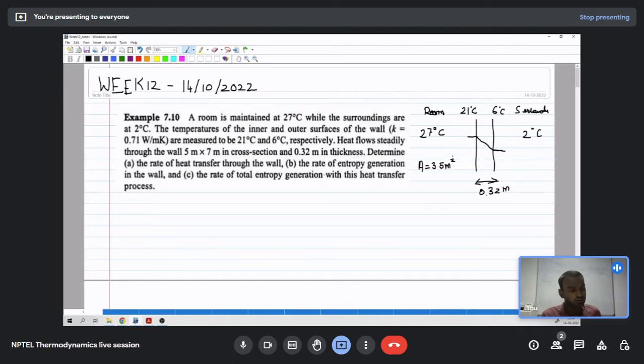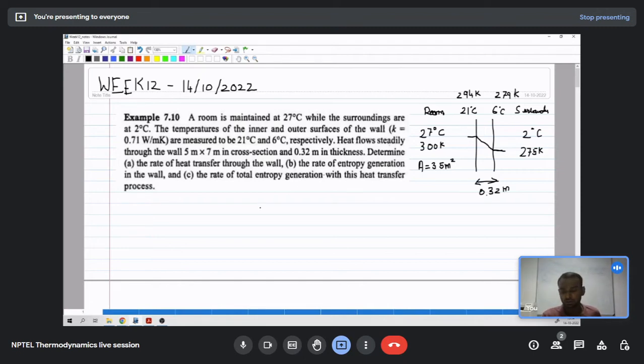For entropy generation we need to have all the temperatures in Kelvin, so I am converting the temperatures to Kelvin. 2 degrees Celsius is 275 Kelvin, 27 is 300 Kelvin, 21 degrees Celsius is 294 Kelvin, and 6 degrees Celsius is 279 Kelvin.